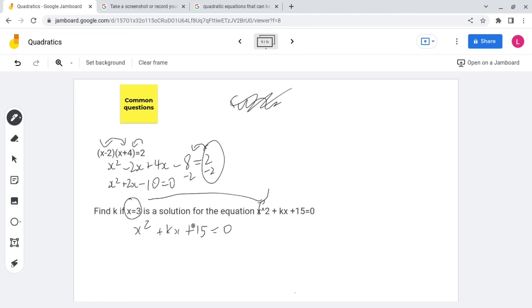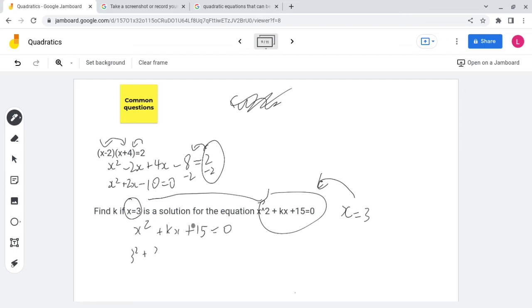If you know that this thing would make x equal to 3, why not just reverse it and make this x equal to 3 such that this equation will be equal to 0.